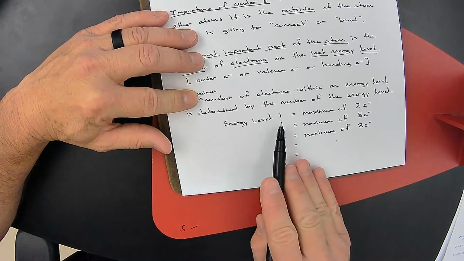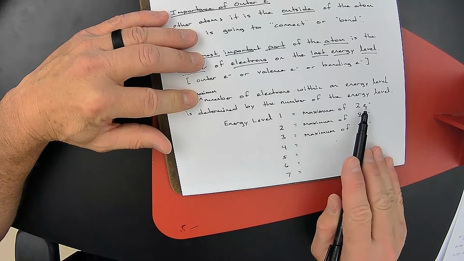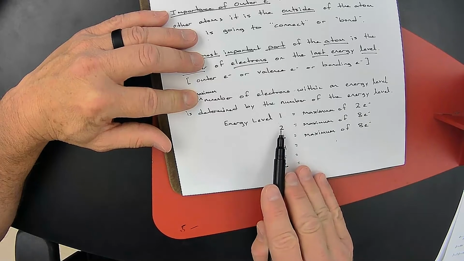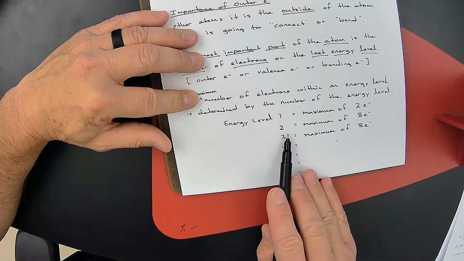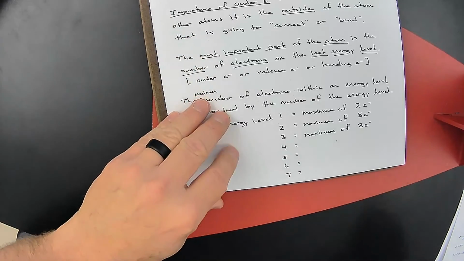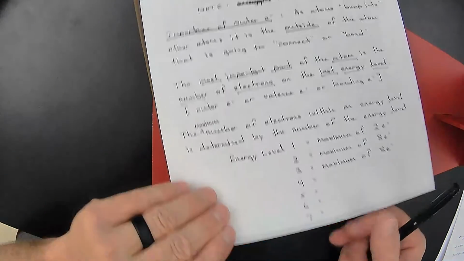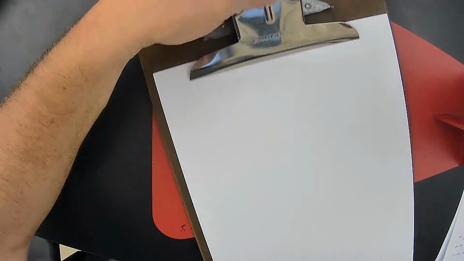But right now, you need to understand energy level number 1 can only hold 2 electrons. Energy level number 2 can only hold 8. Energy level number 3 can only hold 8. That's the maximum it can hold.